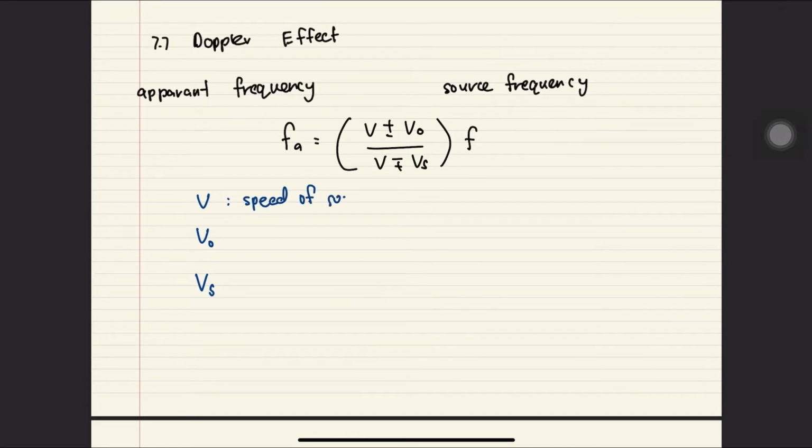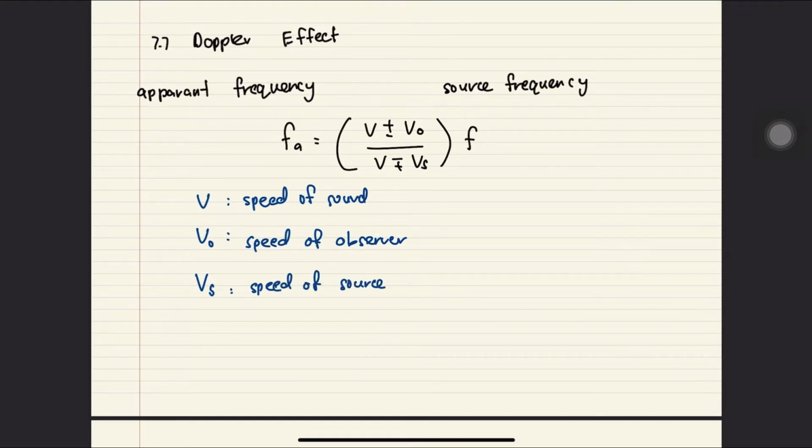It's a constant value, maybe about 330 meters per second. You don't have to memorize it, just use the one that is given. v_o is the speed of the observer, and v_s is the speed of the source.